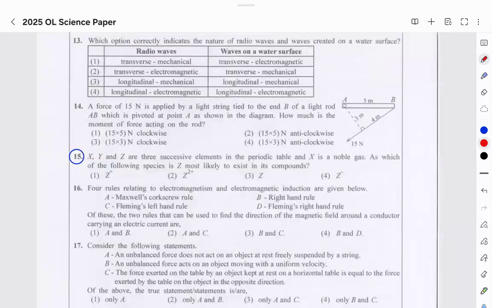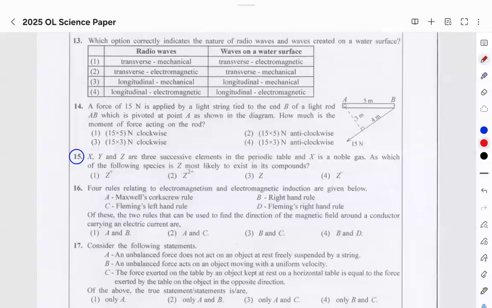In which of the following species is Z most likely to exist in its compounds? Right. Now here they have asked about the periodic table, right?